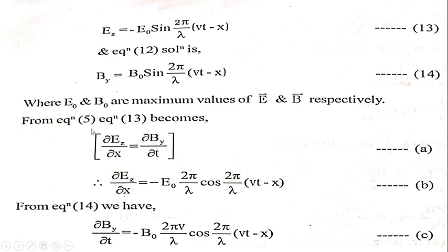From equation 5, del Ez by del x equal to minus del By by del t. Therefore del Ez by del x equal to minus E0 into 2 pi upon lambda into cos of 2 pi upon lambda into V t minus x. And from equation 14 we have del By by del t equal to minus B0 2 pi V upon lambda into cos of 2 pi upon lambda into V t minus x.